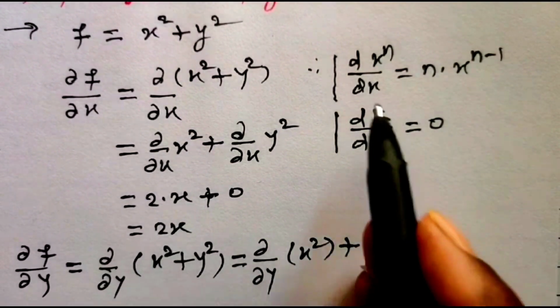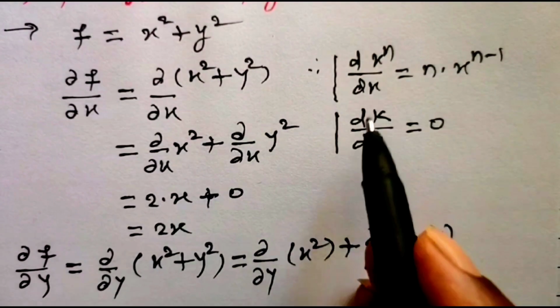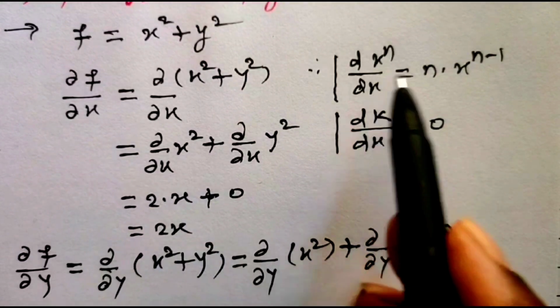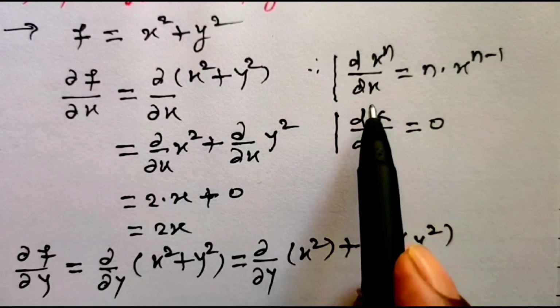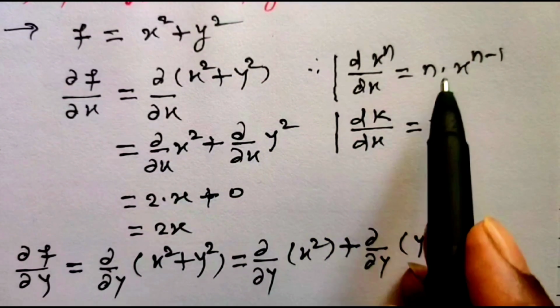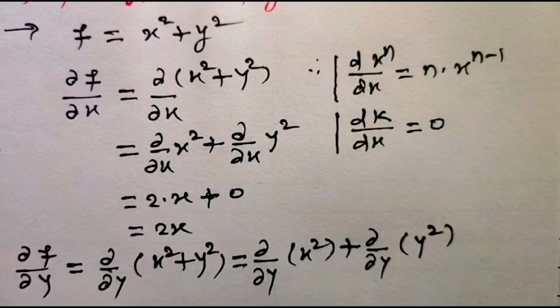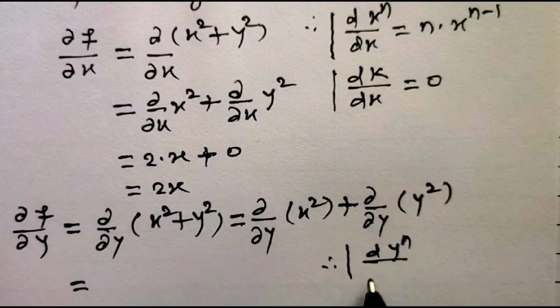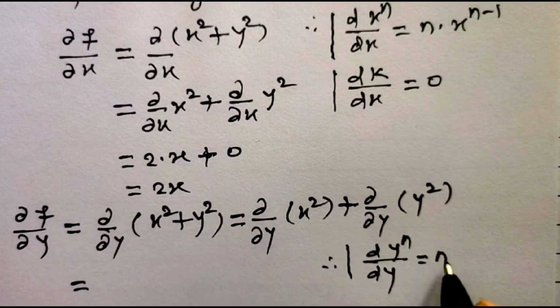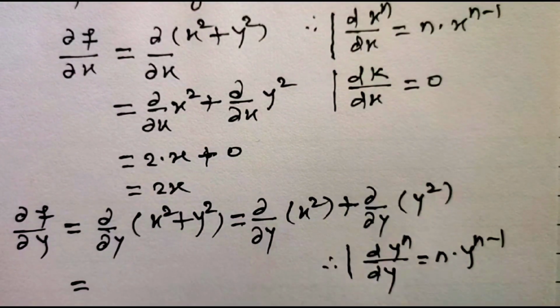Now similarly, similar to previous case, here derivative of x to the power n is n into x to the power n minus 1. Similar to this, derivative of y to the power n with respect to y will be n into y to the power n minus 1. So if you want, you can write the formula, derivative of y to the power n with respect to y is equal to n into y to the power n minus 1.